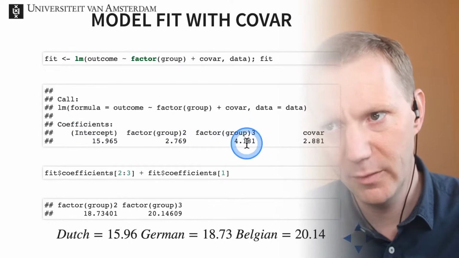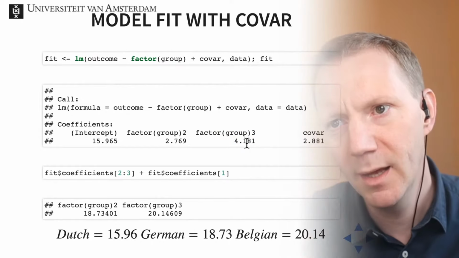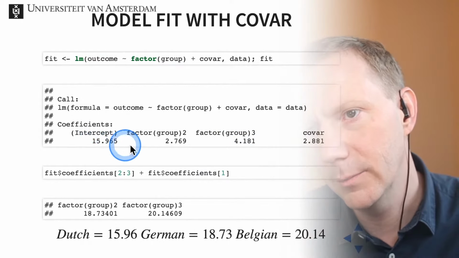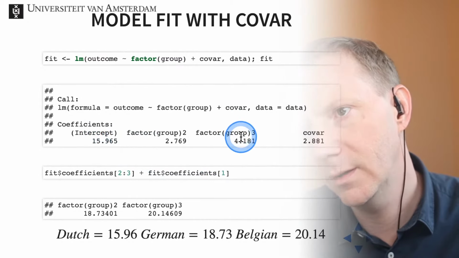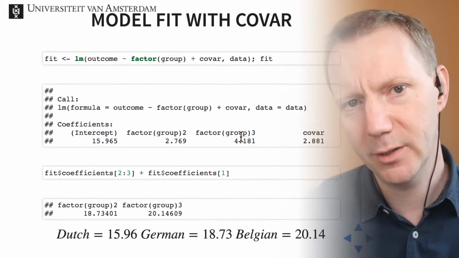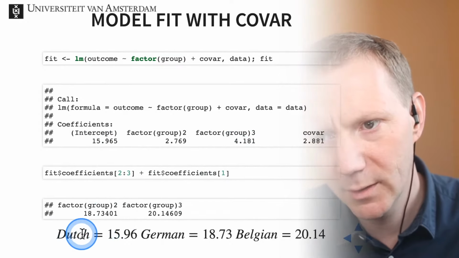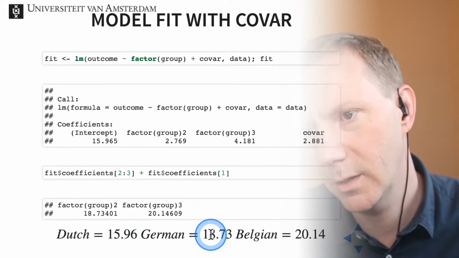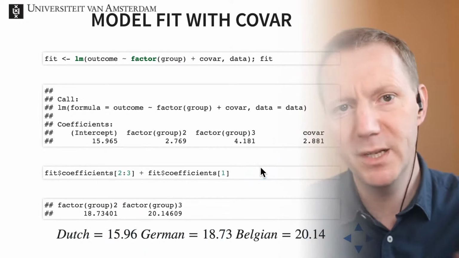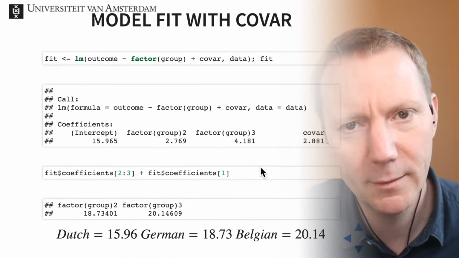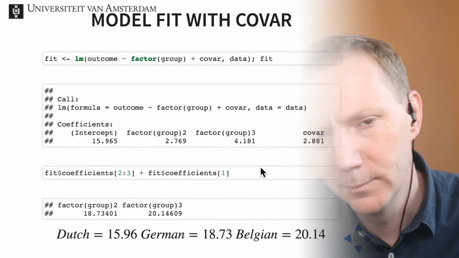And for the second dummy variable, that means being Belgian, our mean for the Belgian people would be about 19, and it's a bit higher here because we have this error term. So I just added them up, and then we can see what the means are for the Dutch, the Germans, and the Belgian people. And actually this is what we had put into the model. Does that make sense?